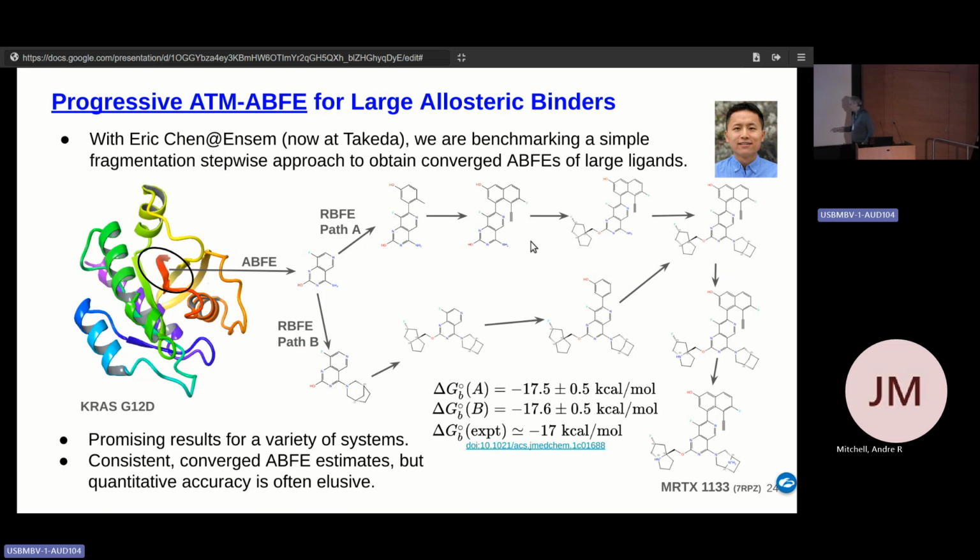With Eric, we're testing this on a variety of systems. We get much better convergence than if one were to do the ABFE of the large ligand directly, as many other people have observed, and there will be talks about it. ABFEs tend to be not very accurate compared to, say, experimental. That's for many reasons, but at least now we have a protocol that we can play with.